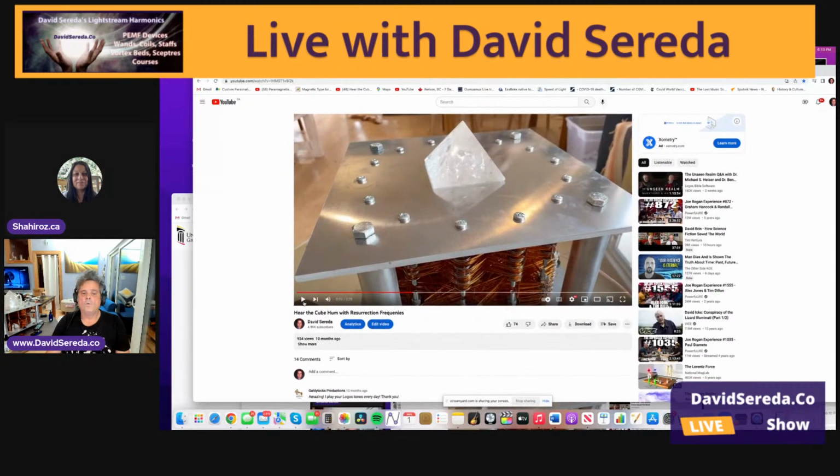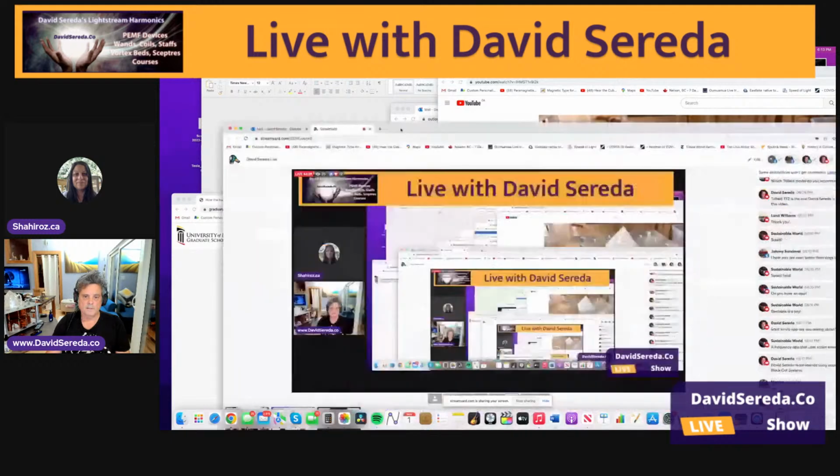Okay, so what's happening here with my cube is because my aluminum is paramagnetic and my copper is diamagnetic, because my magnetic field in my copper being paramagnetic is so powerful. Let me go back here.